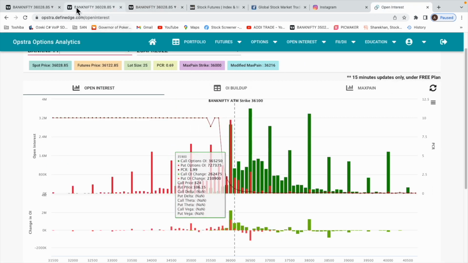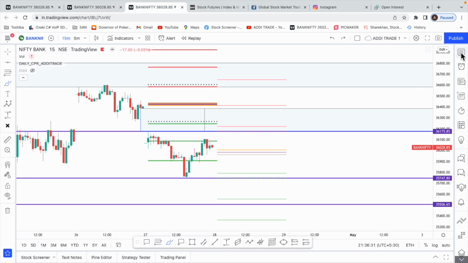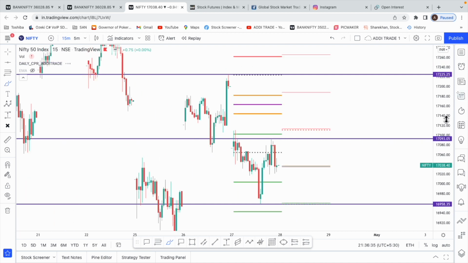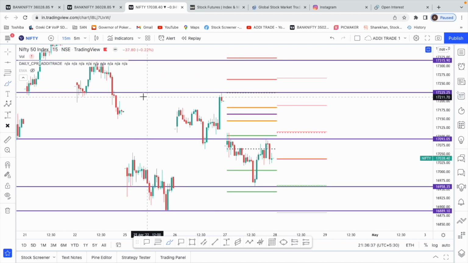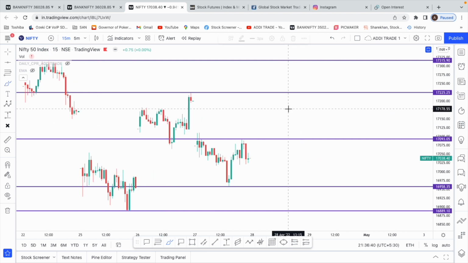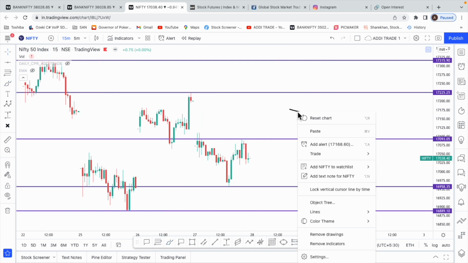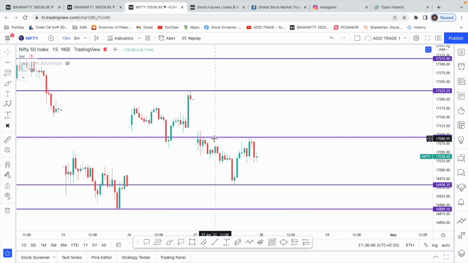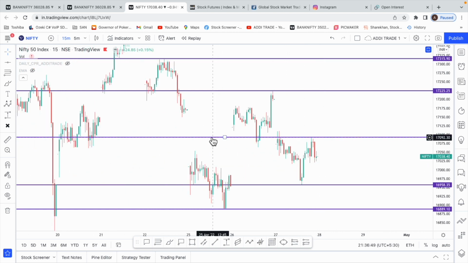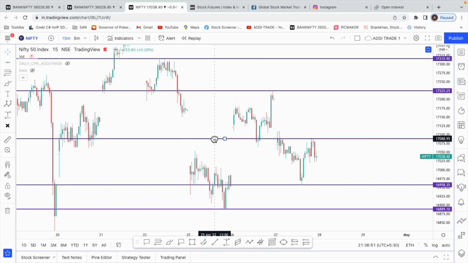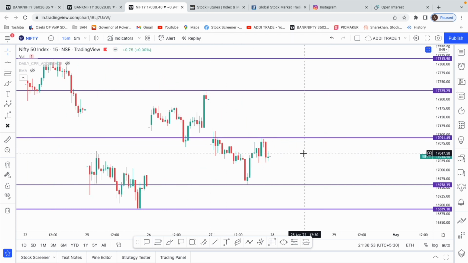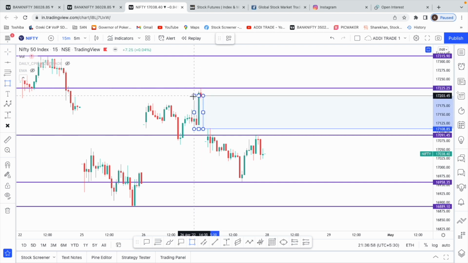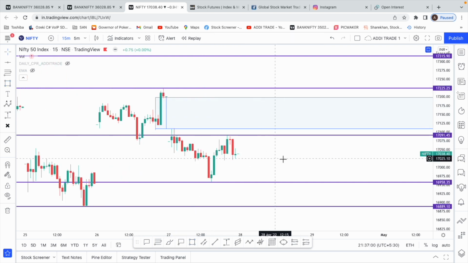Now just looking at levels in Nifty. See, Nifty, we are very close to this gap over here.